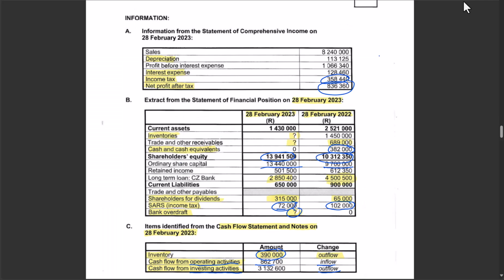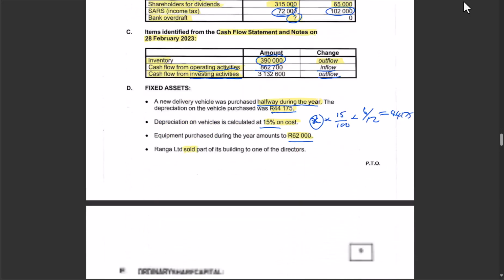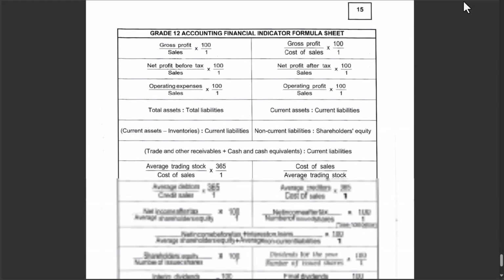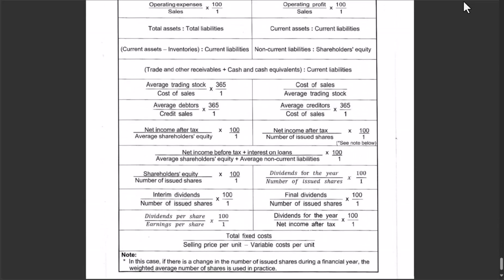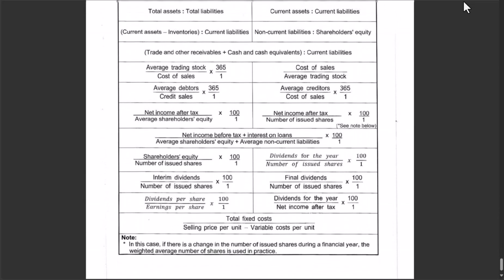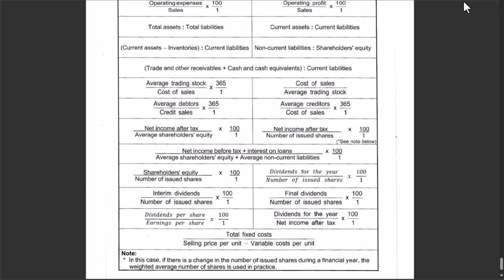So the next one will be on question 3. I think that's the financial analysis, right? Those formulas, I believe they are on the last page. Before I forget, let me just show you the formula sheet. Right here it is. This is the formula sheet that you are given. They even tell you more information, shareholders equity, everything.